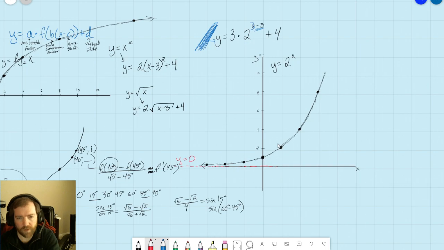So then we'd have to go 1, 2, 3 all the way over here before we hit this particular value. So this is why it's shifting to the right when you have a minus something in the exponent, or within the function.